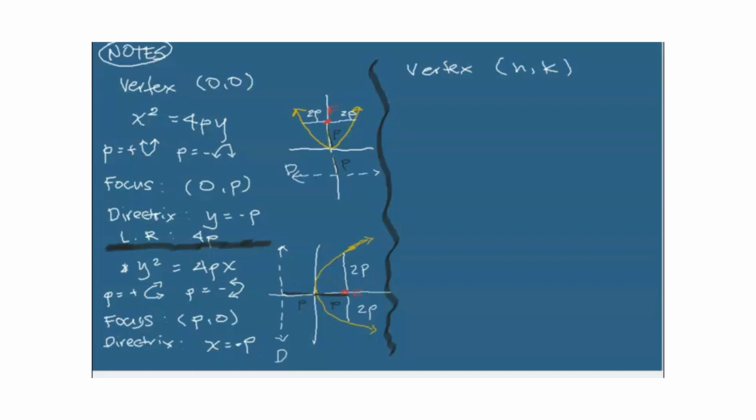Now, if the vertex of the parabola is not at the origin, it is at h, k, so the equation for a parabola that opens upward would be x minus h squared is equal to 4p times y minus k.